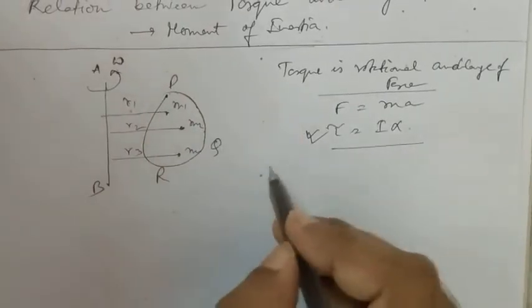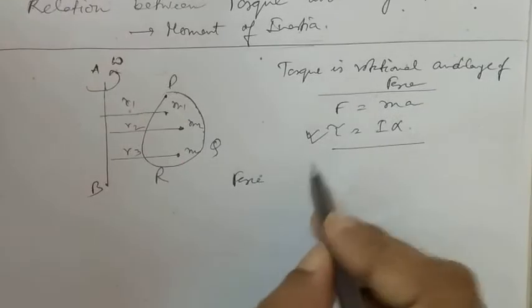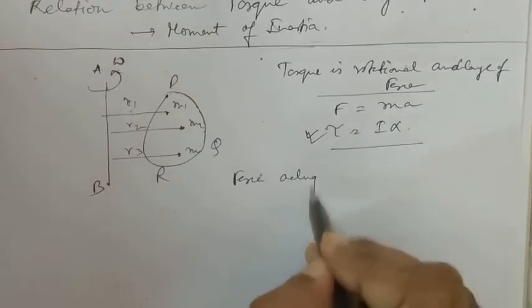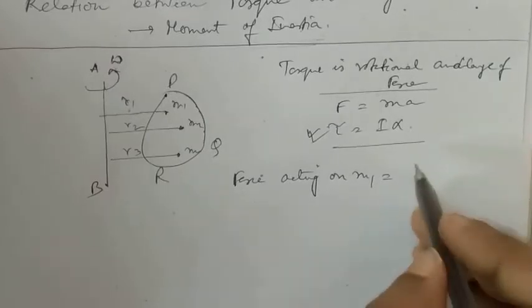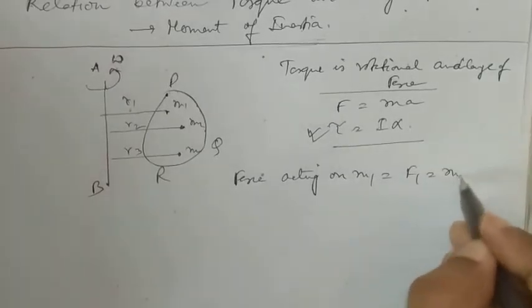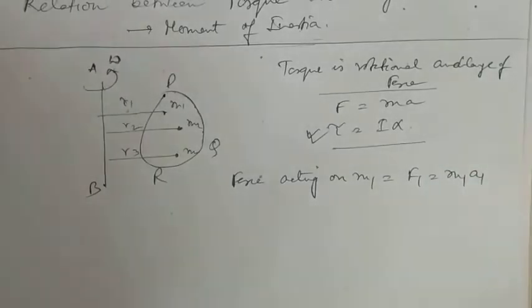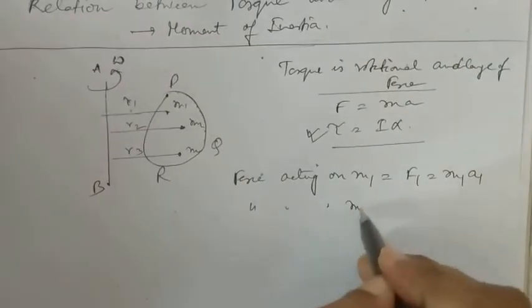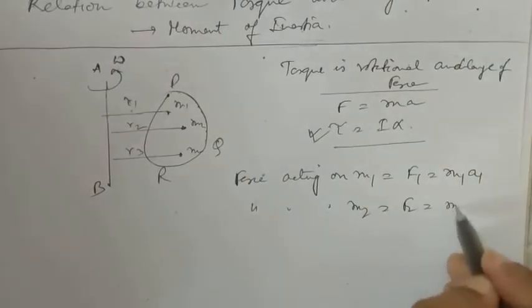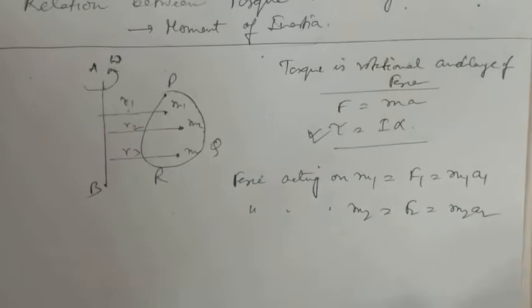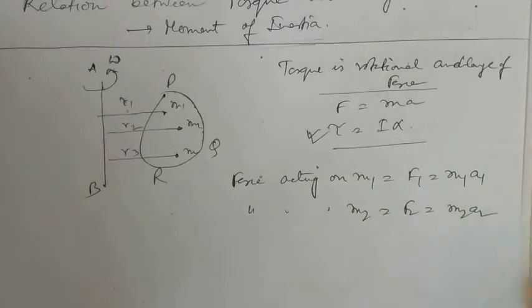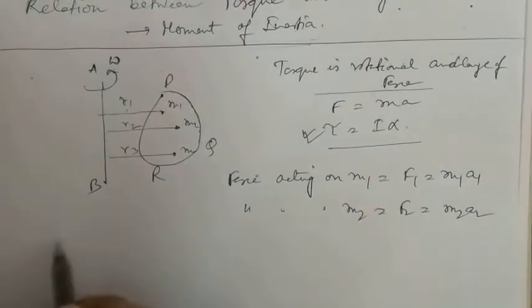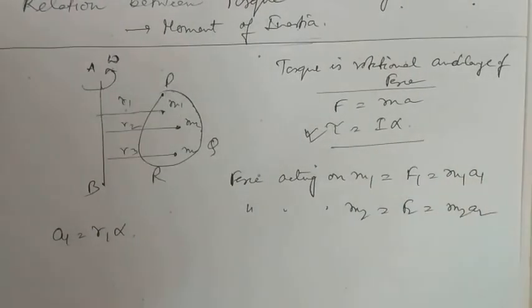So the force acting on M1 is equal to mass into acceleration. That means F1 is equal to M1 A1. Similarly, the force acting on M2 will be F2 is equal to M2 A2. I have already stated that the linear accelerations will be different. Now we can replace A1 by R1 alpha.